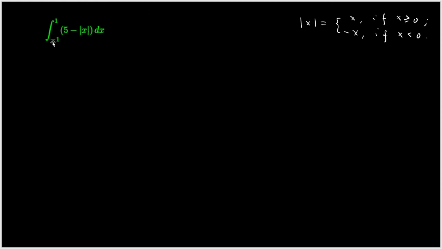The technique in this question is to use one of the properties we mentioned to convert the integral as the sum of two integrals: from -1 to 0 the same integrand, 5 minus the absolute value of x, and then plus from 0 to 1 the same integrand, 5 minus the absolute value of x dx.